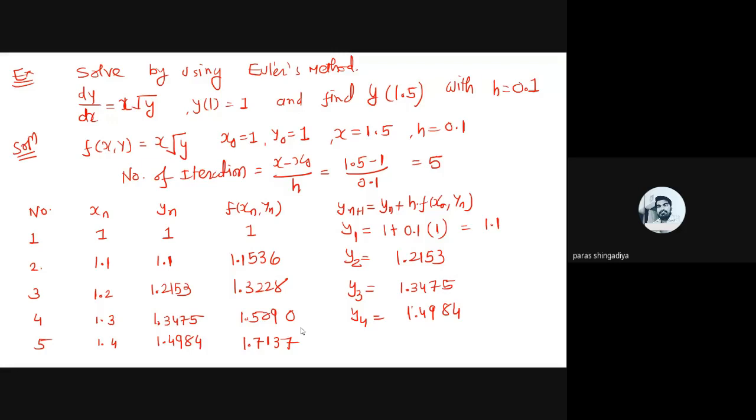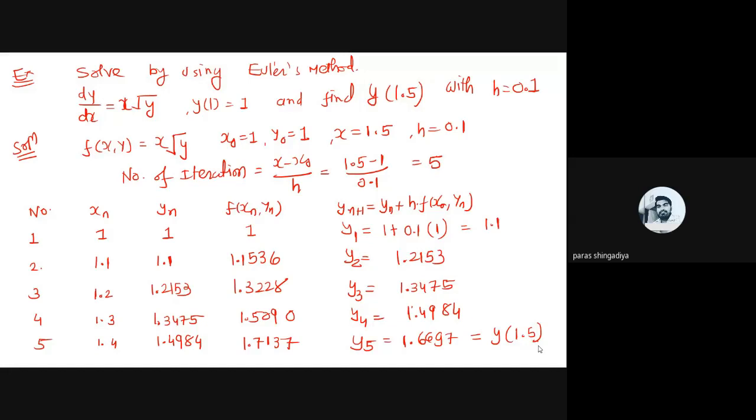And now check it out with 1.4984 plus 0.1 of 1.7137. Correct? And it will be y5 is equal to 1.6697. Okay, 1.6697. That is our final answer, and that is called y of 1.5. Okay, and now you can compare the iterations.